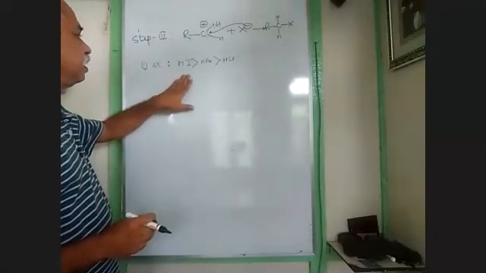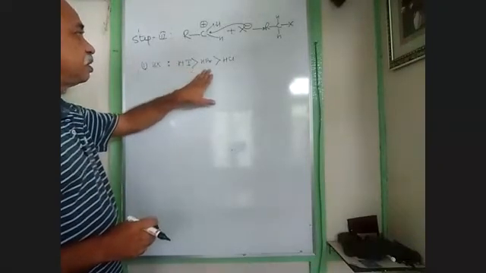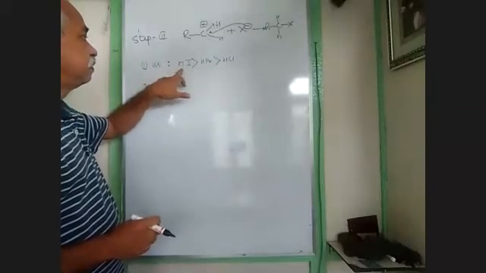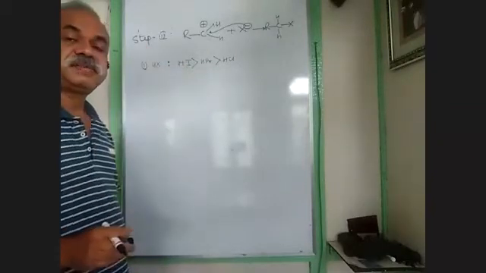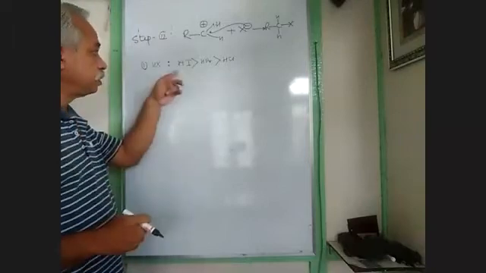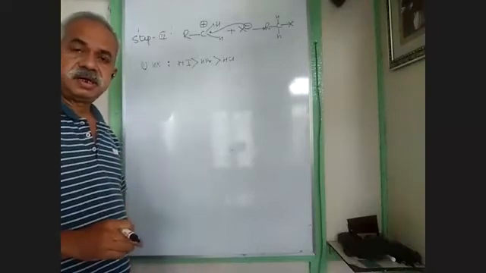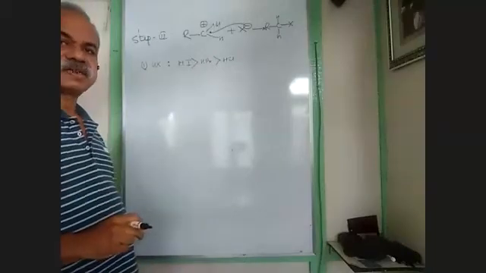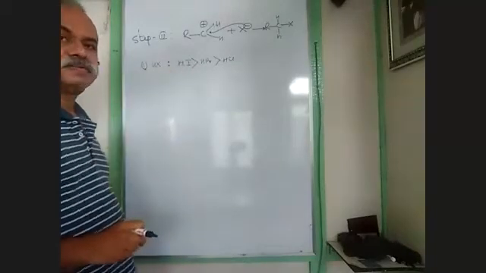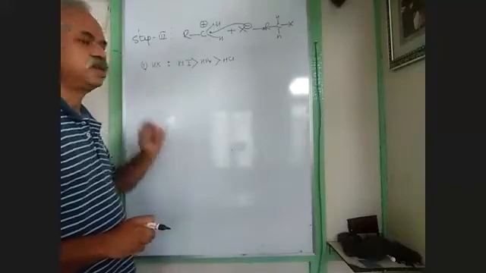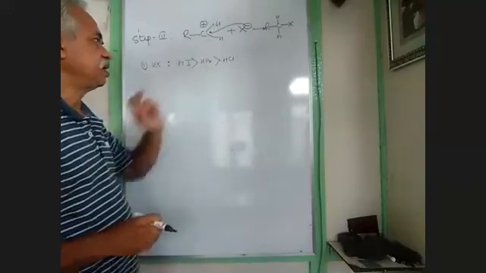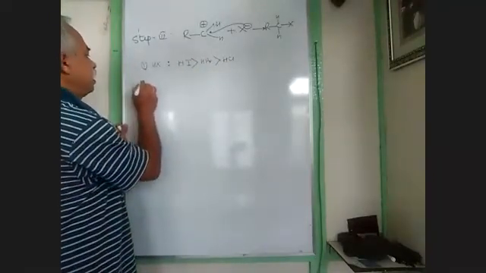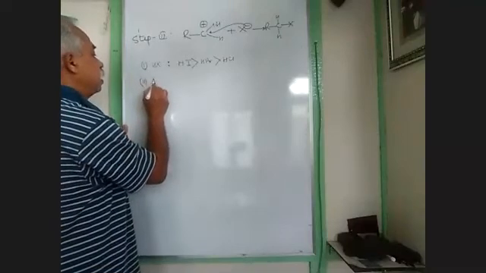See here, among these, because this reaction is initiated by H plus, whichever acid undergoes very fast dissociation, that reaction will be faster. HI undergoes very fast reaction because it is the most acidic, followed by HBr and HCl. And second, alcohol.